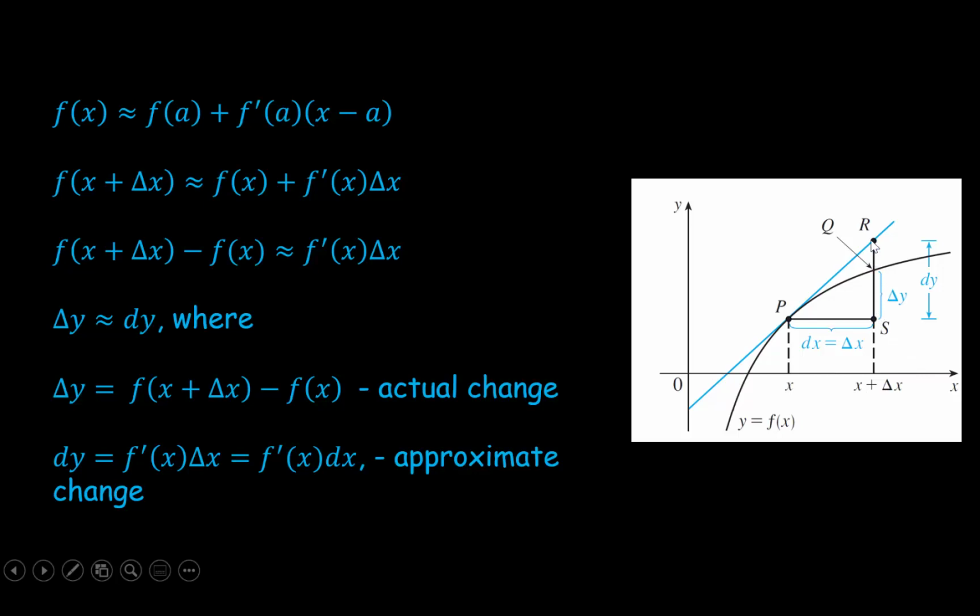From here to the tangent line is dy, the approximate change in y. And then from here to the curve is delta y, which is the actual change. And we're saying that delta y is approximately equal to dy.